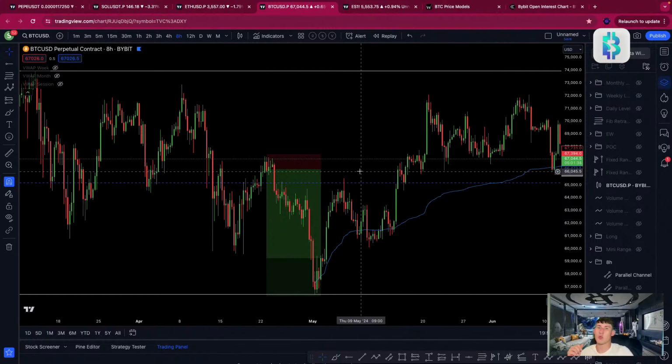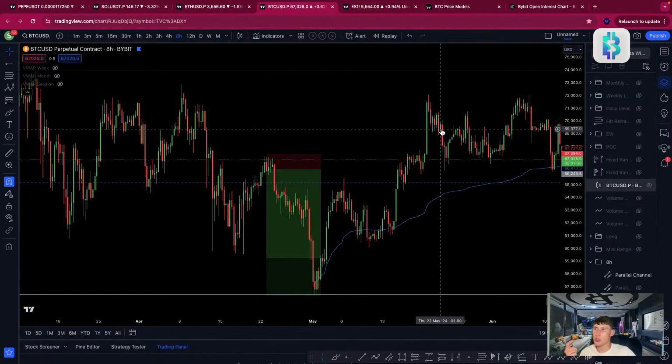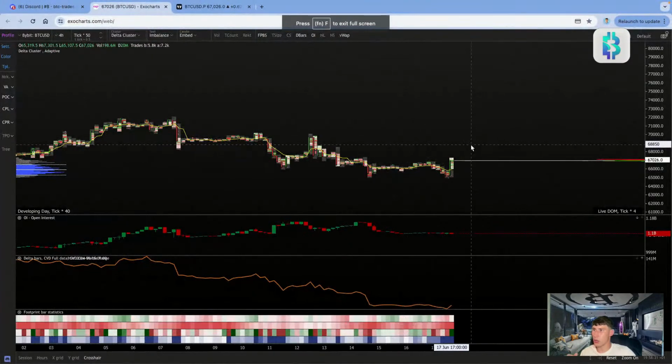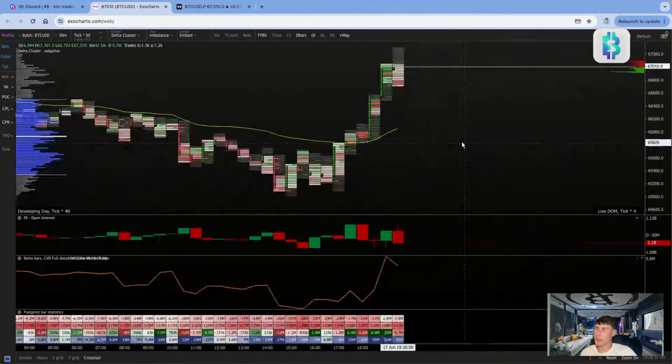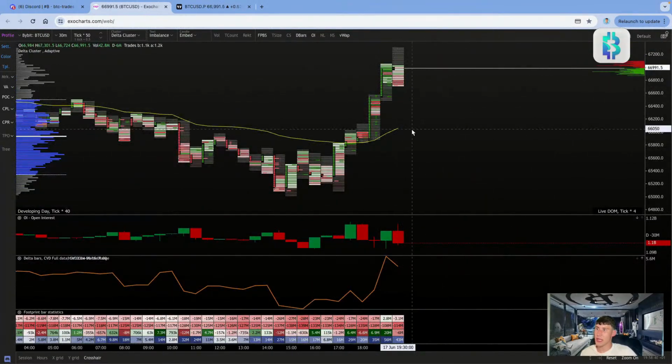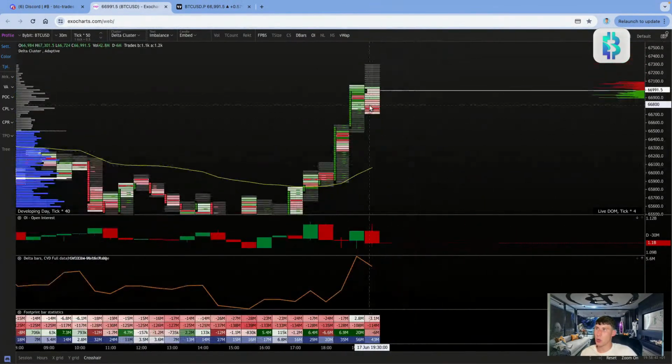I understand when a move is strong, when a breakout is strong, because all I do is come over to order flow and reset it quick. And I can see we're seeing longs taking profit. Why do I know longs are taking profit? Well, we're seeing minus 6 million negative delta.